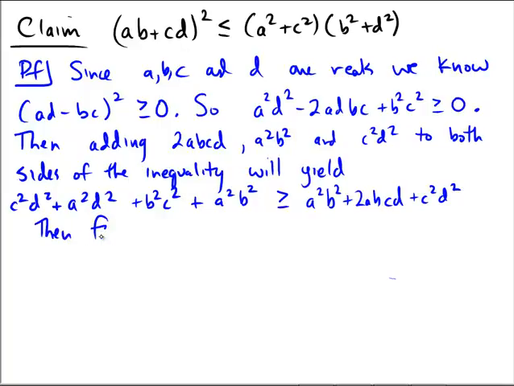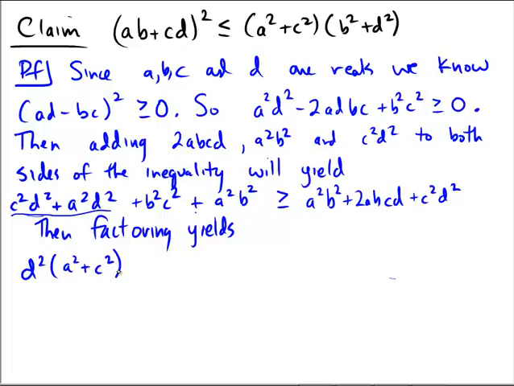Then factoring yields, so on the left we can factor by grouping, and I can see here that we have a D squared that's common, so I'll put a D squared here with A squared plus C squared, plus, here's B squared, so I'll put a B squared that's common with A squared plus C squared, and that'll be bigger than or equal to (AB plus CD) quantity squared.